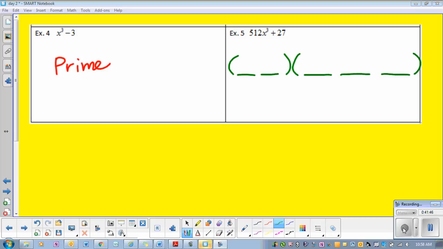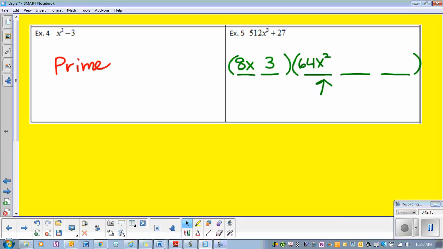What is the cube root of 512x cubed? 8x, good job. What's the cube root of 27? 3. So guys, what goes in this first spot right here? 64x squared. Good. Great job, guys. So what goes in this middle one?